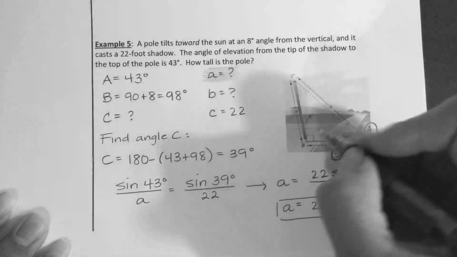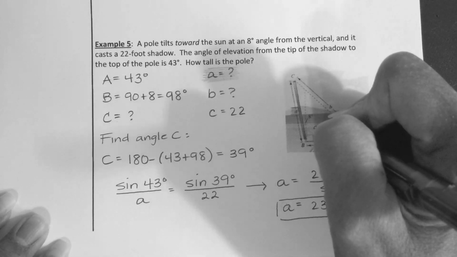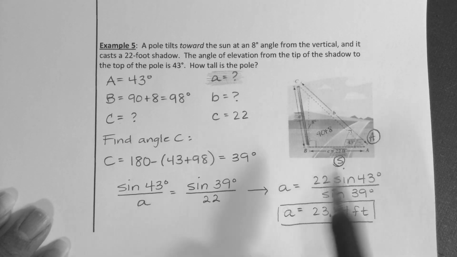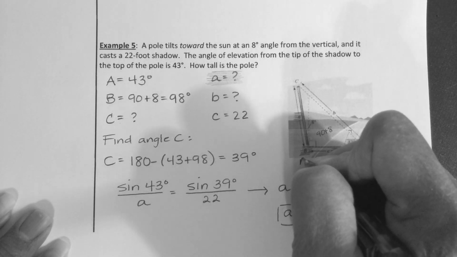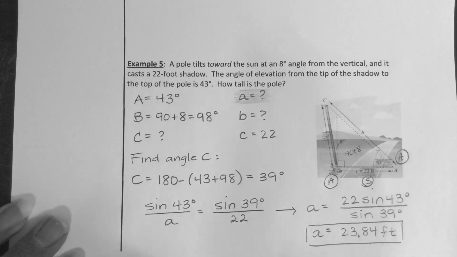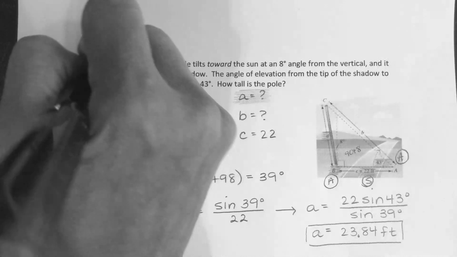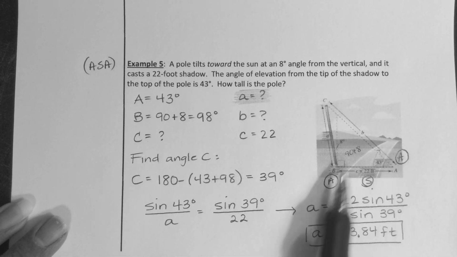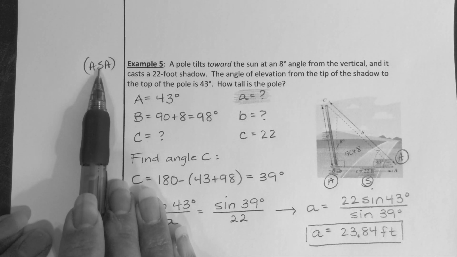So to figure out this entire angle right here, which is known as angle B, we had to add the 90 plus the 8 to get angle B. So they ended up giving us this angle, which is another A. The classification for this example would have been an angle-side-angle classification, because notice how the S is trapped between the two angles. And that tells us that we have permission to do law of sines.